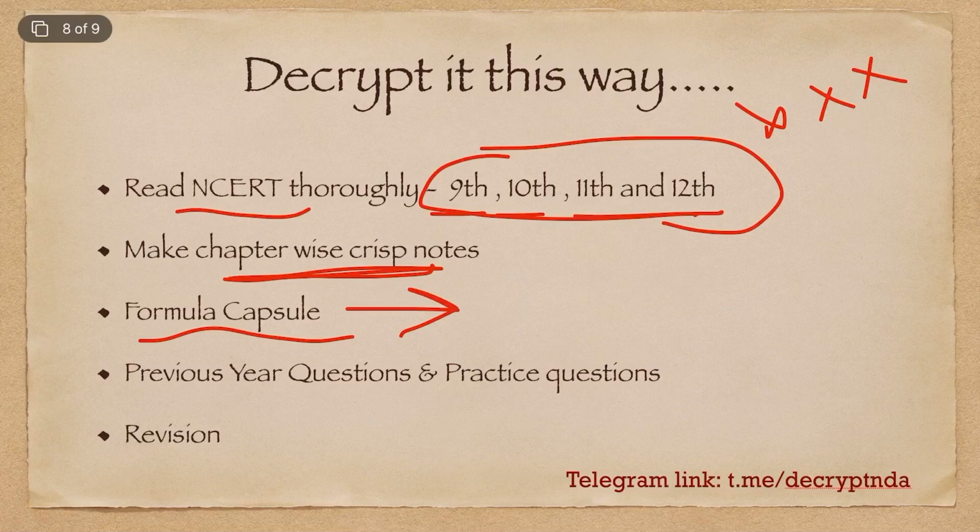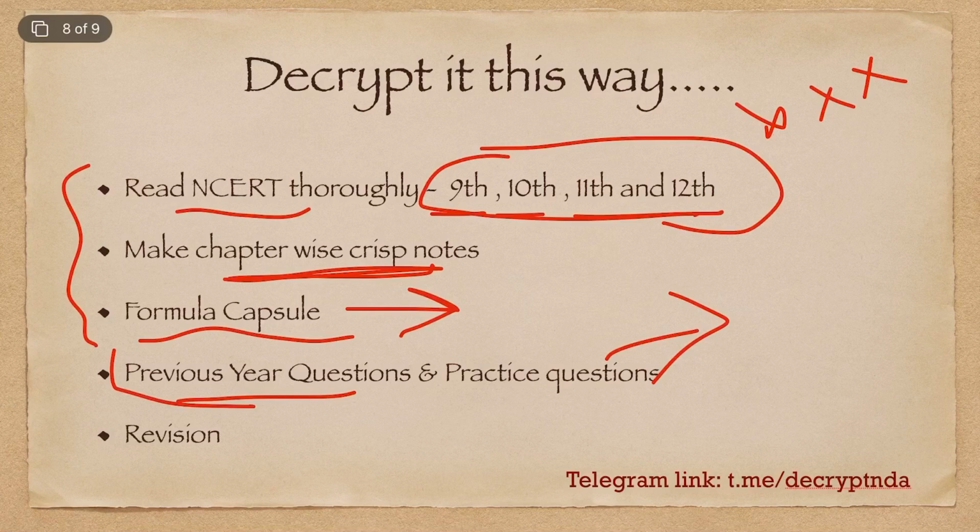And the next step is, after you have studied and done all these, you have to do the previous year questions and get familiar with the UPSC mode of asking in physics. So do previous year questions and do some practice questions. You should complete every previous year question asked in almost the last 5 years. That means the last 10 question papers of National Defence Academy, you have to finish doing.